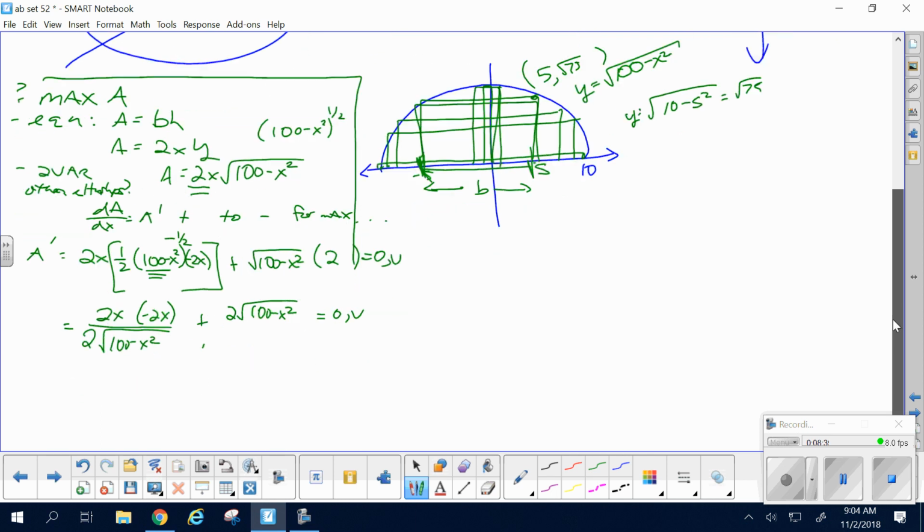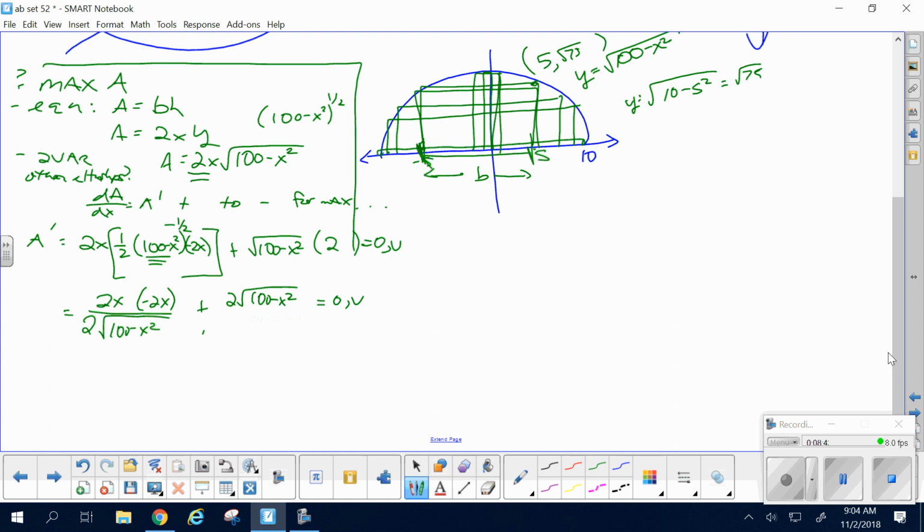I typically would take the sum and try to make it one big fraction. So let's get a common denominator. I'm going to factor a 2 out if you don't mind, yeah? So what's the common denominator? Root 100 minus x squared. Wonderful. This is negative 2x squared.